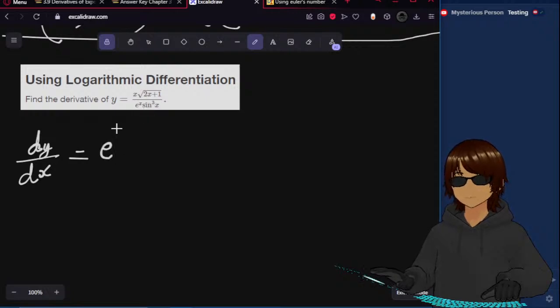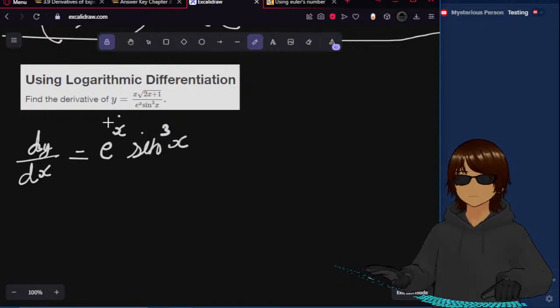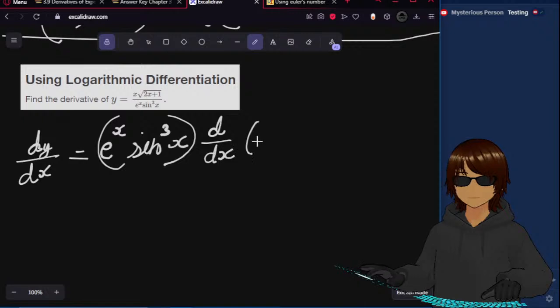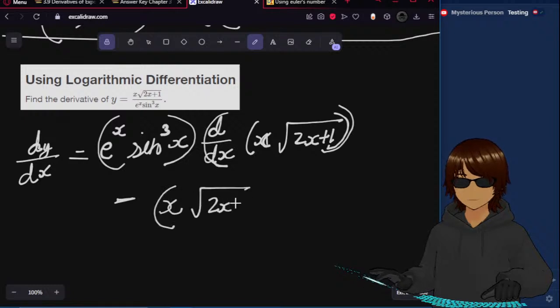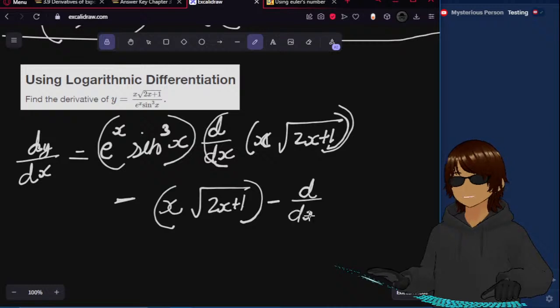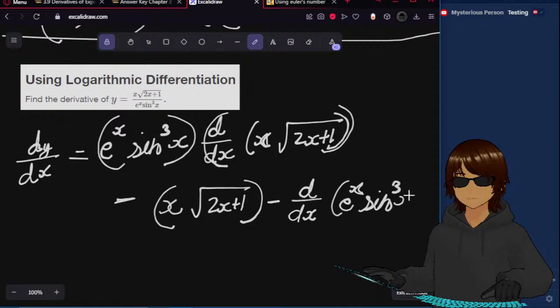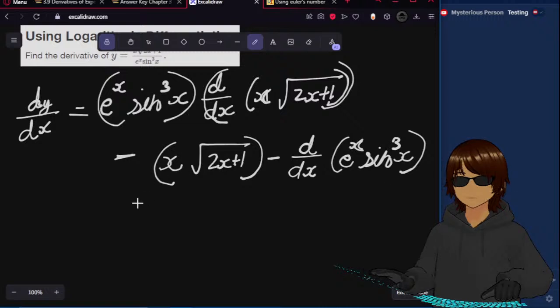Low d high minus high then d low upon bottom squared.